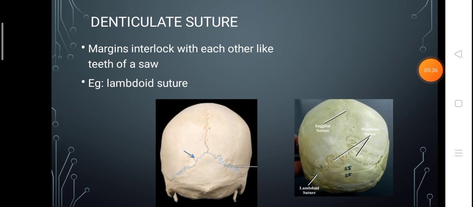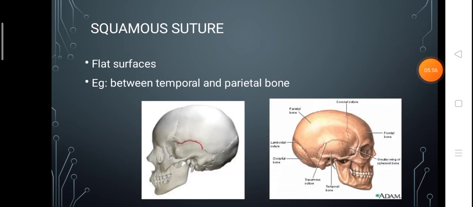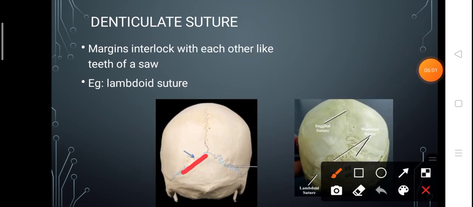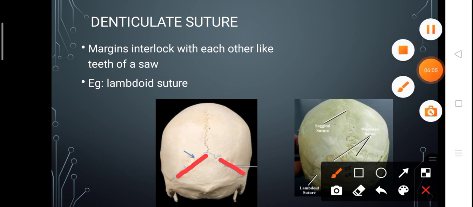What is the denticulate suture? Margins of the suture interlock with each other like the teeth of a saw. That is, the edges of bones have tooth-like projections which fit into the other bone. Here you have the example of the lambdoid suture.